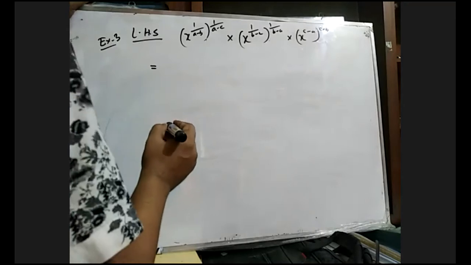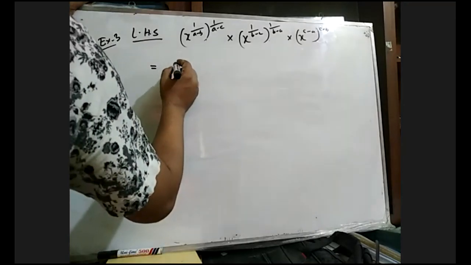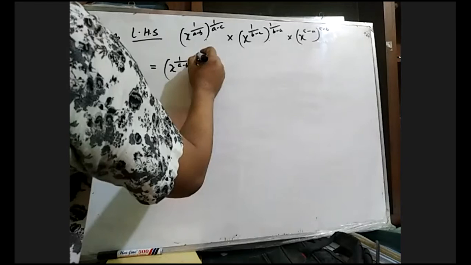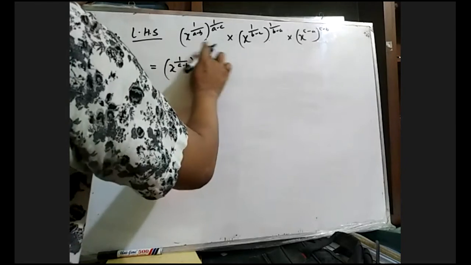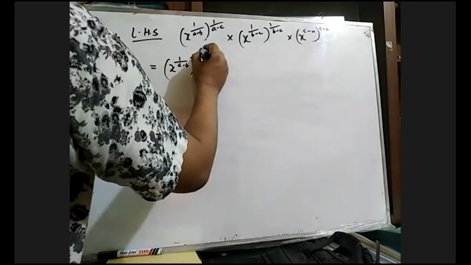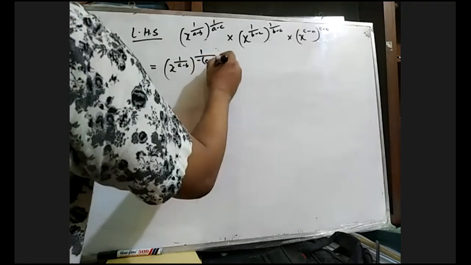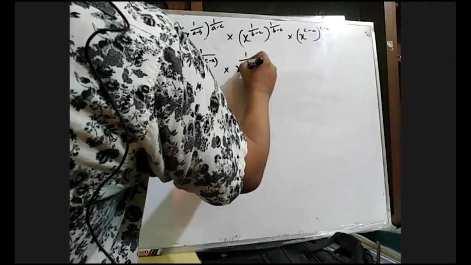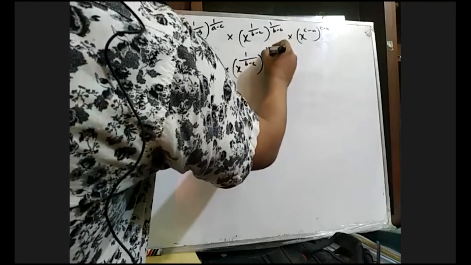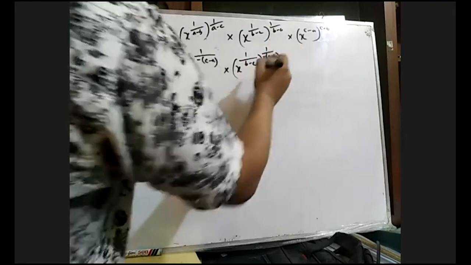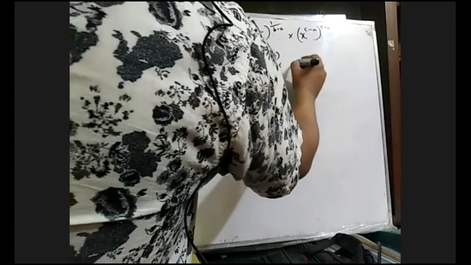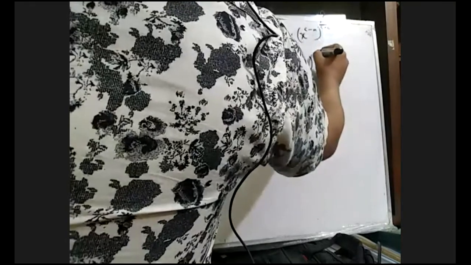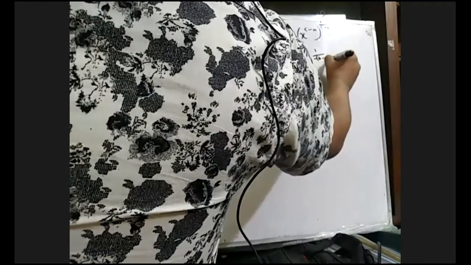Now this left hand side can be written like this: x to the power 1 by (a minus b) to the power minus (c minus a), multiply x to the power 1 by (b minus c) to the power minus 1 by (a minus b), multiply x to the power (c minus a) to the power 1 by minus (b minus c).